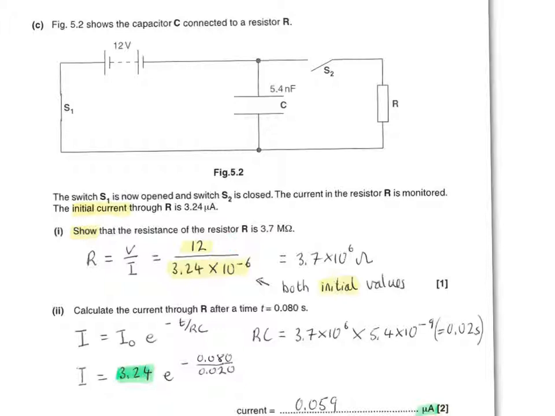So the 12 volts is the initial PD across the capacitor, and the 3.24 microamps is the initial current. So putting those two values together gives us the correct answer of 3.7 times 10 to the 6 ohms.